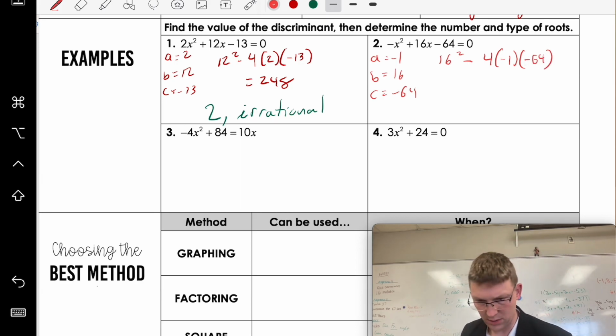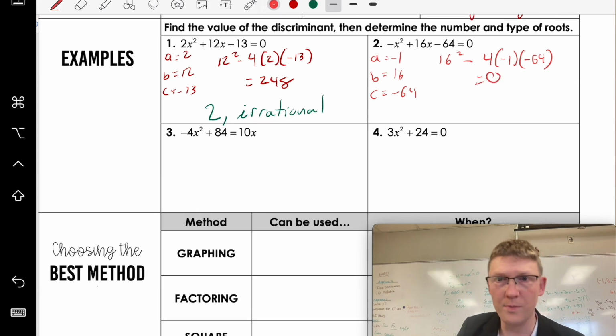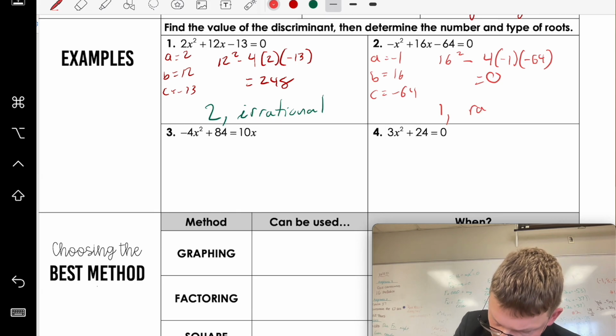Go to the calculator: 16 squared minus 4 times negative 1 times negative 64 equals 0. So we know that we have one solution, and it is going to be rational.